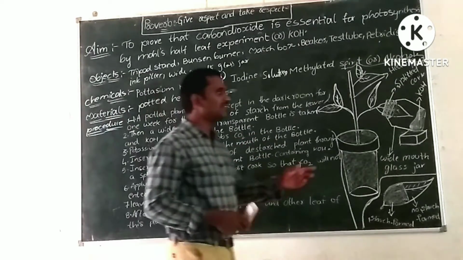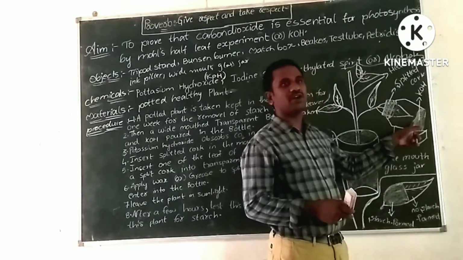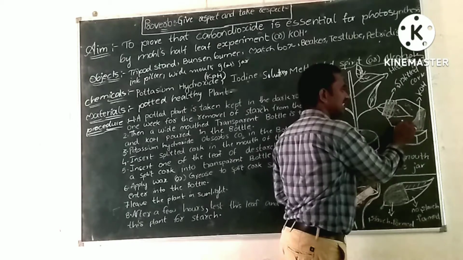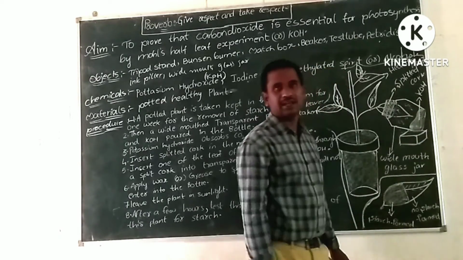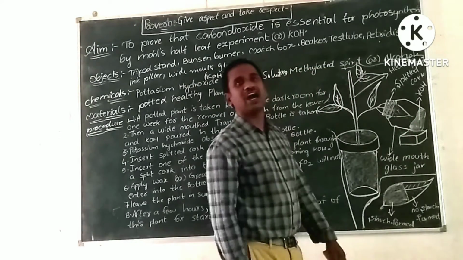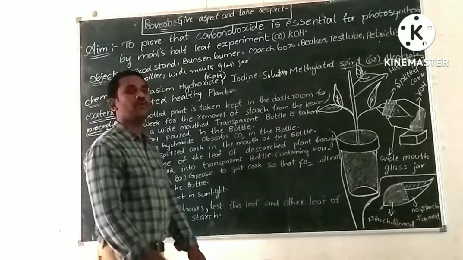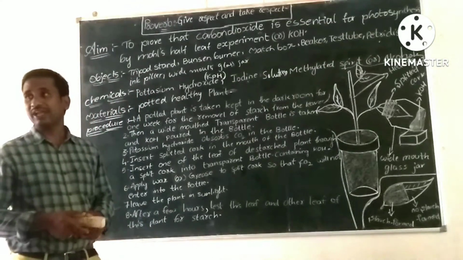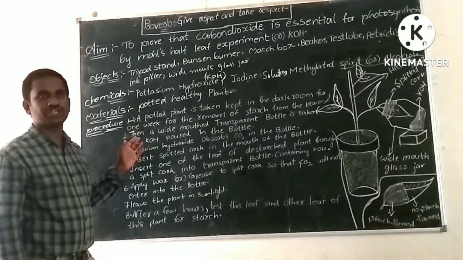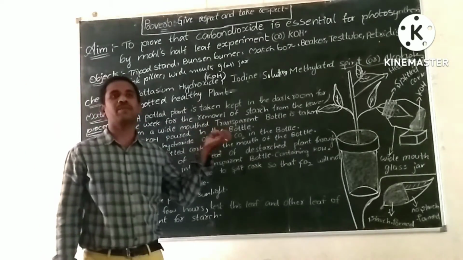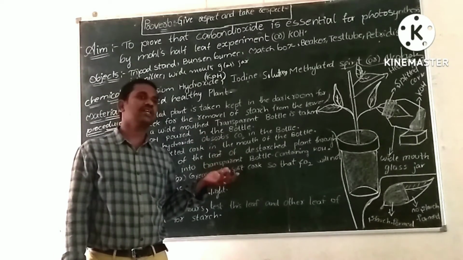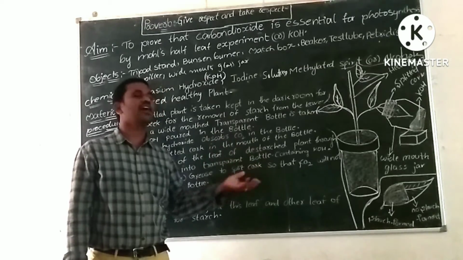All the CO2 molecules present in the environment of that bottle are absorbed by the KOH solution, so that environment is free of carbon dioxide gas. There is no carbon dioxide at all.